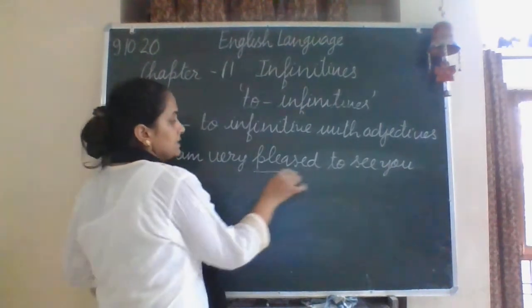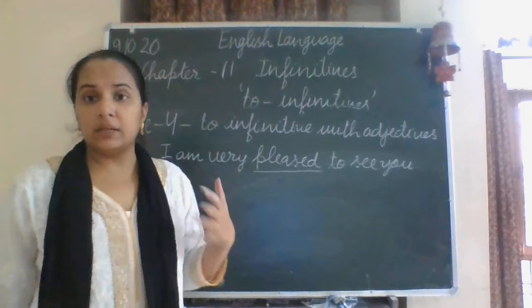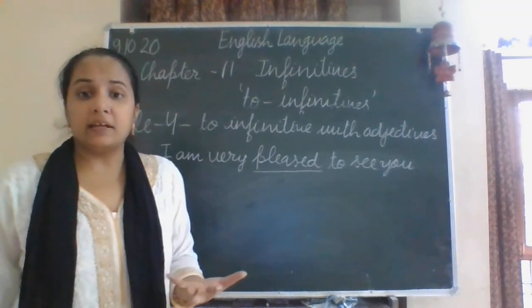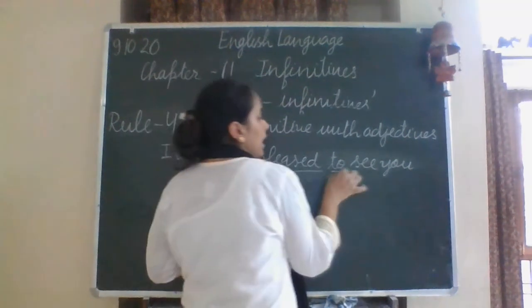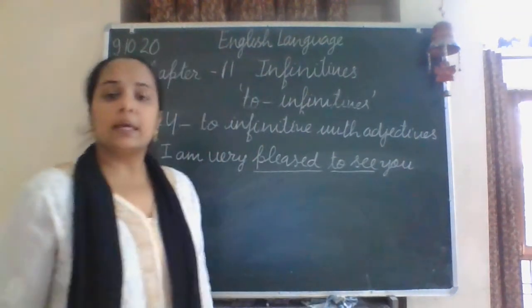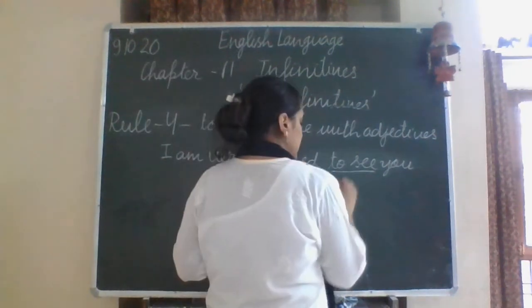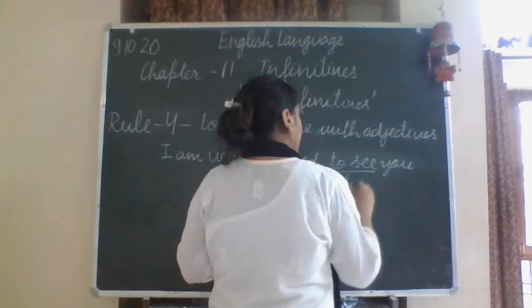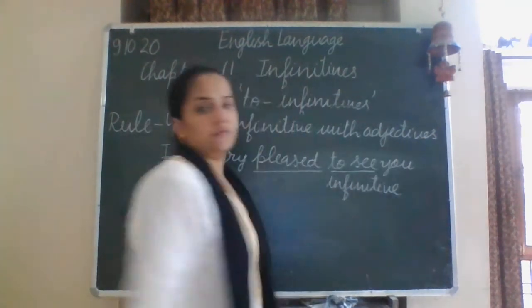Now this pleased, I told you, is expressing a feeling that you are happy, you feel delighted. This is the feeling or desire, and to see is the infinitive. Here in this sentence, to see is the infinitive.